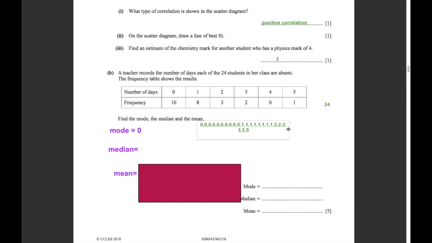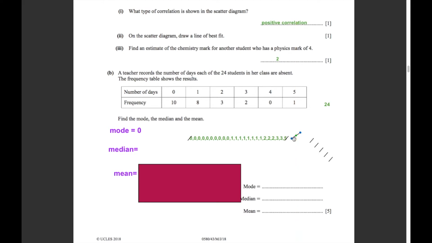Okay, so what you're going to do is cross things out one at a time. So we're going to cross this 5 here. So we're going to cross one from this side, one from that side.